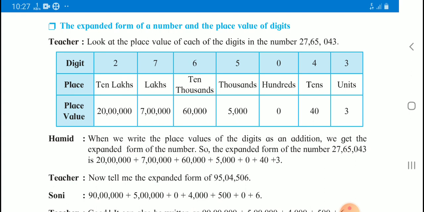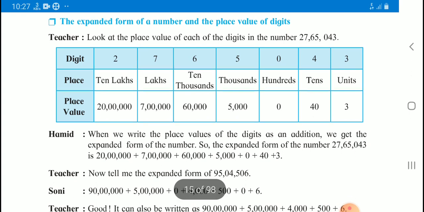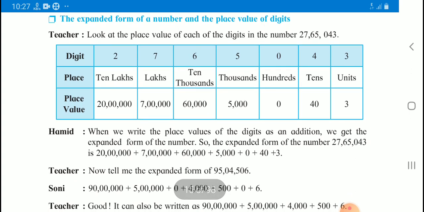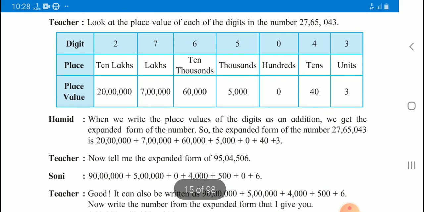So the number 27,65,043. The digits of these numbers are 2, 7, 6, 5, 0, 4, 3. Here if you will see, the value of 3 is units. So place value also 3. Next to that, the number is 4. 4 is in the tens place.